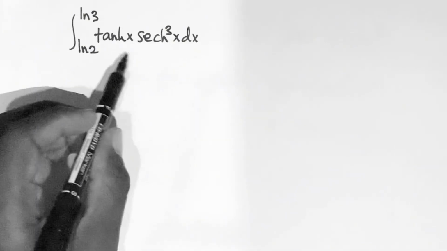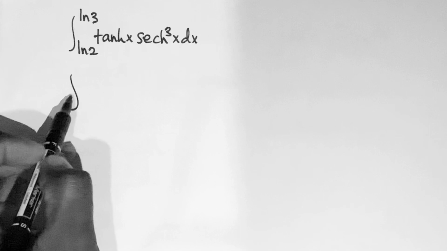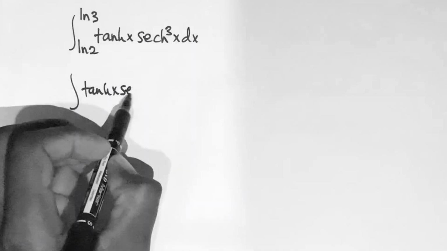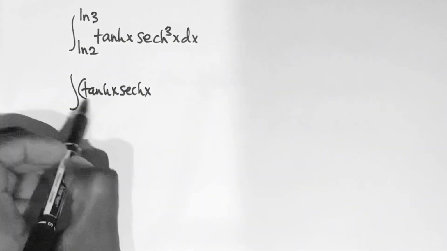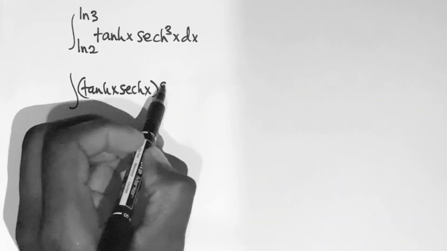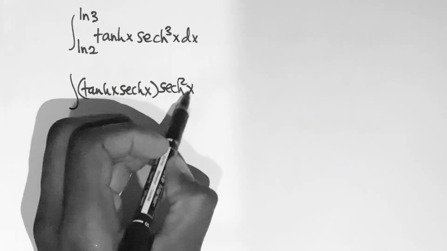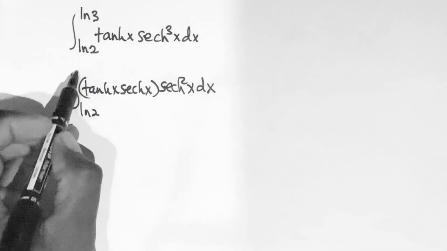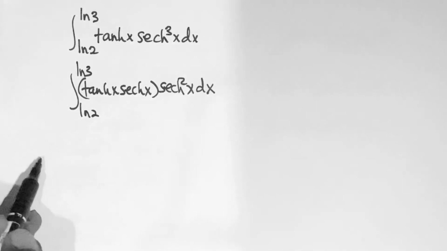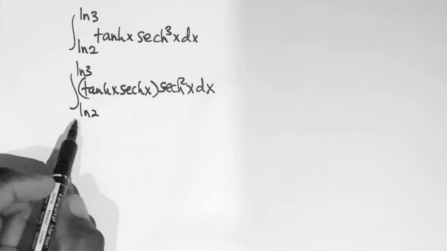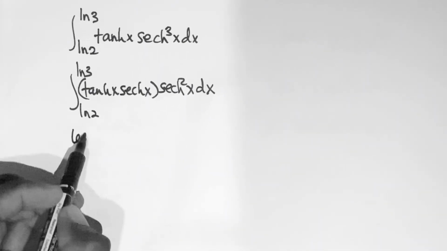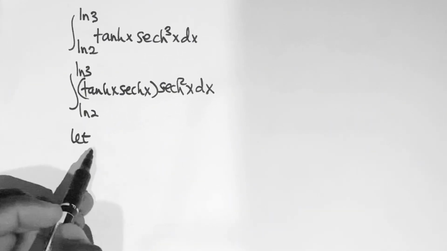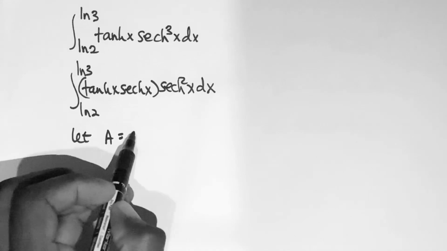Integrate tan x sec cubed x dx from ln 2 to ln 3. Okay, so let's rewrite this function as the integral of tan x sec x in one bracket multiplied by sec squared x dx. Then we are doing the integration from ln 2 to ln 3. Now, let a be equal to sec x.